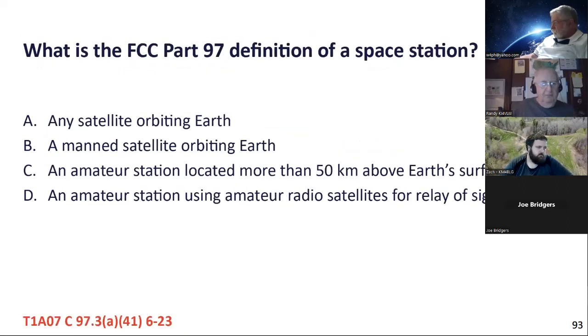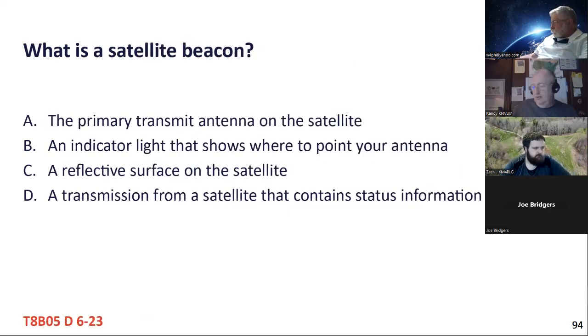What is the FCC Part 97 definition of a space station? And again, C, an amateur station located more than 50 kilometers above the Earth's surface. What is a satellite beacon?